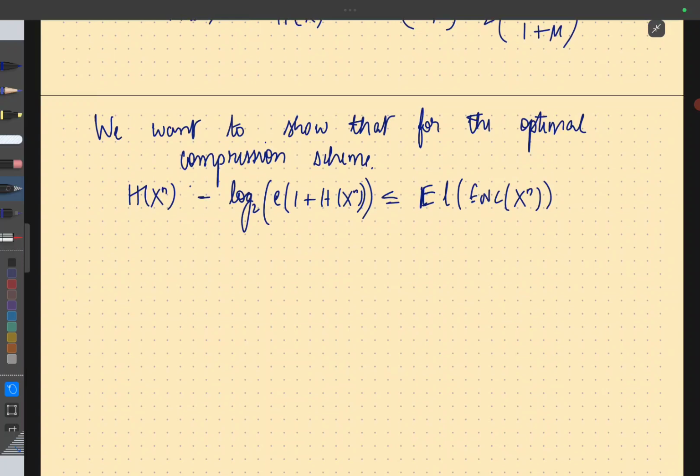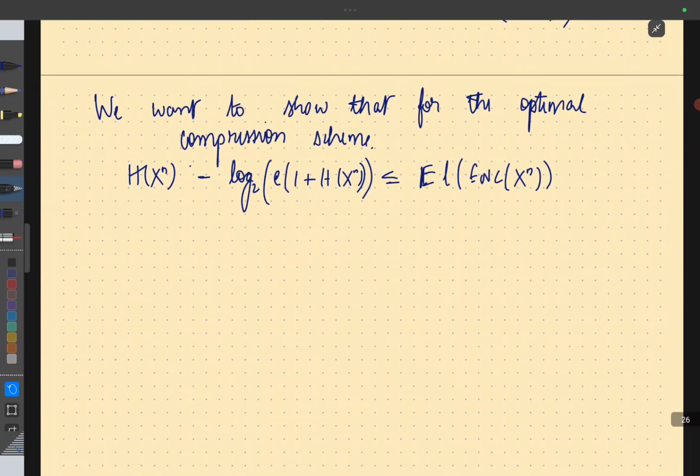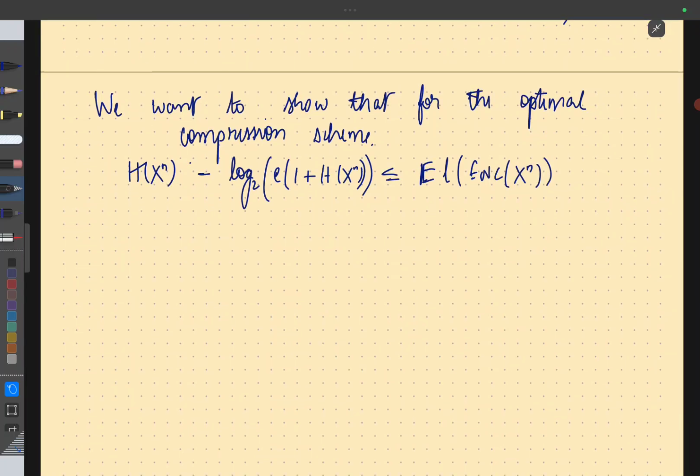Because all we did was bound the length of each code word, the ith sequence, by the floor of log of i, and then we made a simple observation that for the ith sequence, the probability is at most 1 over i, and that just gave us the bound. Lower bounds in information theory are in general hard to prove. They require some amount of ingenuity, some creativeness. All right, and that's something we'll see now.